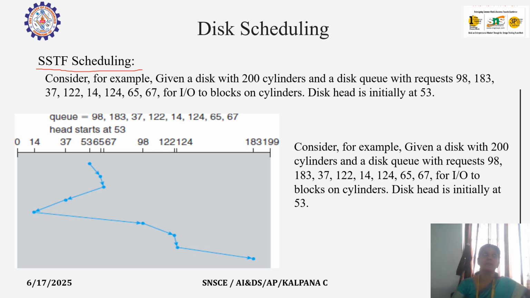As we saw, the first come first serve algorithm functions like this: once you receive any request, if the disk controller is busy with some other process, we need to store it in a queue, right?